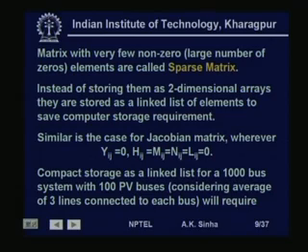Such kind of matrices which have very large number of zeros in them are called sparse matrices, and knowing this property of the Y bus of the system, we try to take advantage of the sparsity of the Y bus matrix in solution of the power flow problem. Let us see how we do this.